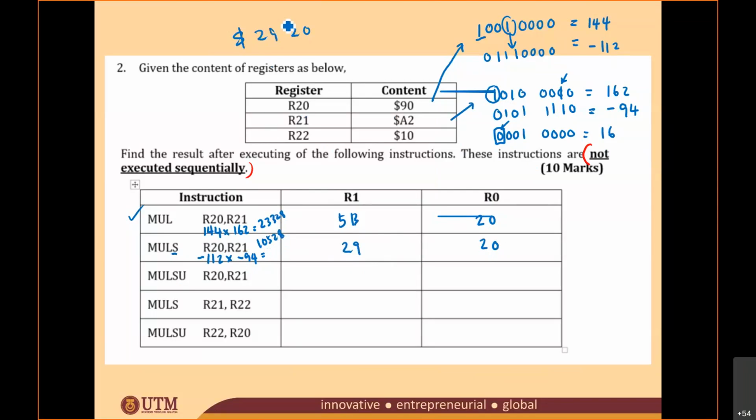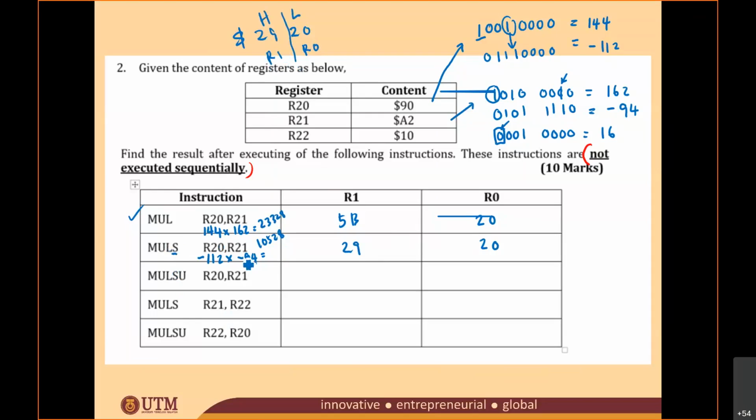Yes, right. Since this is a 16-bit number, you will divide it into low byte and high byte. For the multiply instruction, the answer will be stored in your R1 and R0. So R0 will have 20, while R1 will have 29. Thank you, Doctor. Okay, welcome.